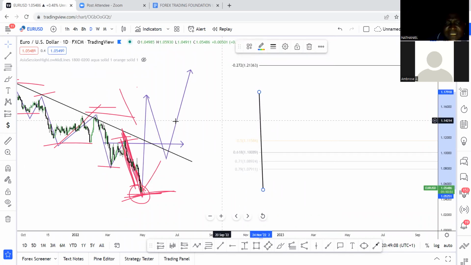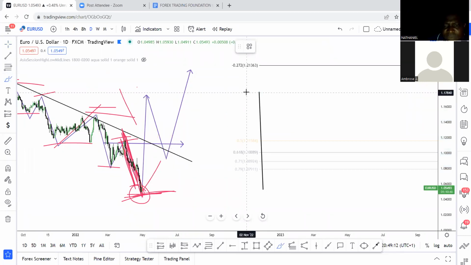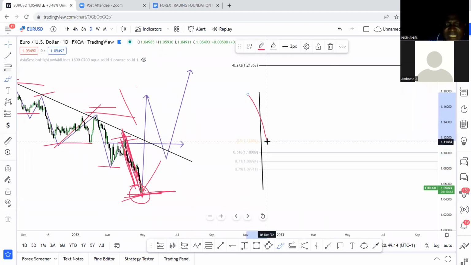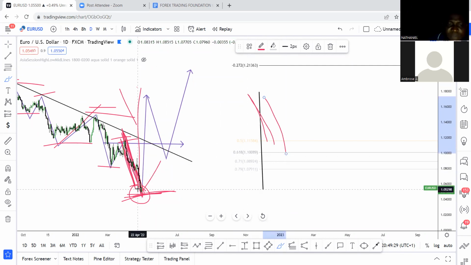So now you can see that when this came back to this level, it means that 50% of this impulse has been retraced here. If you pull back to this level, 61.8% of this impulse has been retraced. If you come back to this level, it means 71% has been retraced.